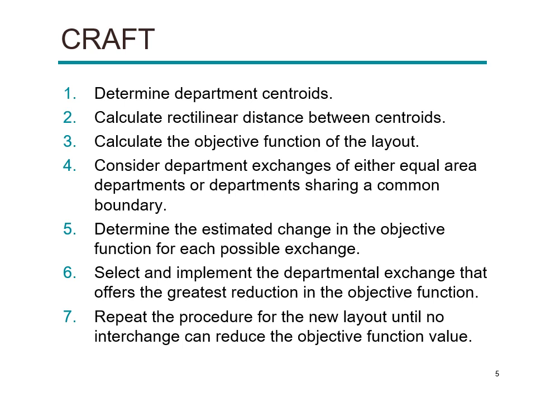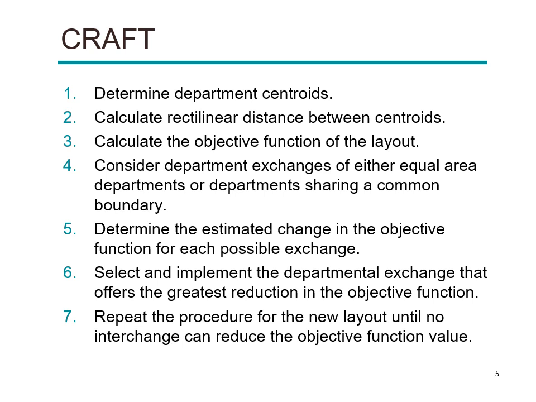Then, like in the pairwise exchange method, we consider the exchange options between the departments. But in pairwise exchange, we assume that all departments have the same size. Here in CRAFT, you don't need to have this.